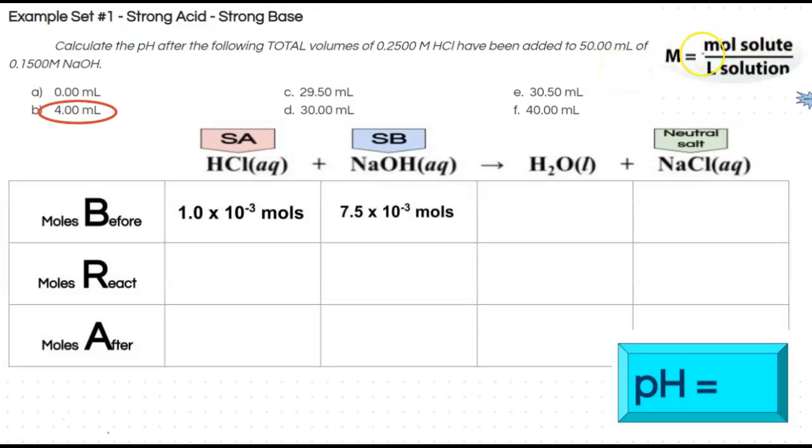Molarity is equal to the moles of solute over the liters of solution. And so what I have done is I have taken, for my materials in my equation, my 50 milliliters of a 0.150 molar solution, and I have substituted those values into this equation.